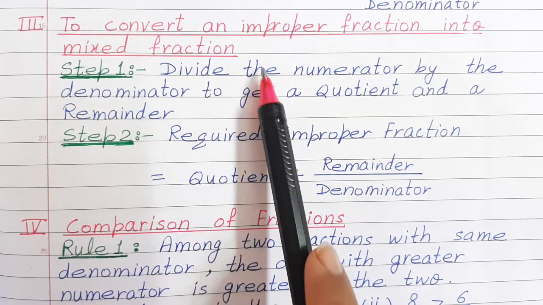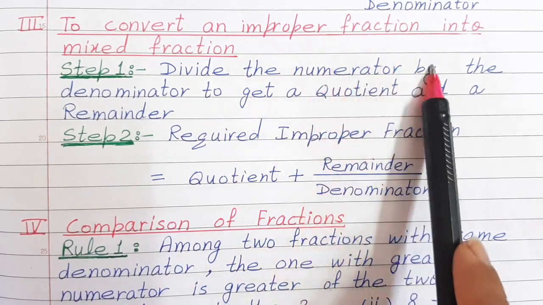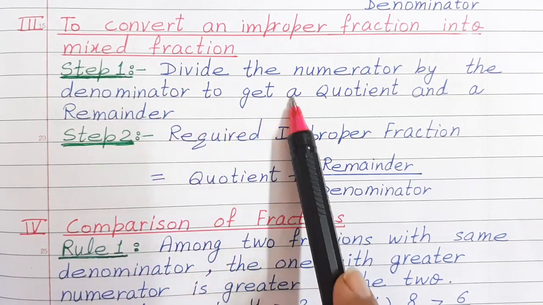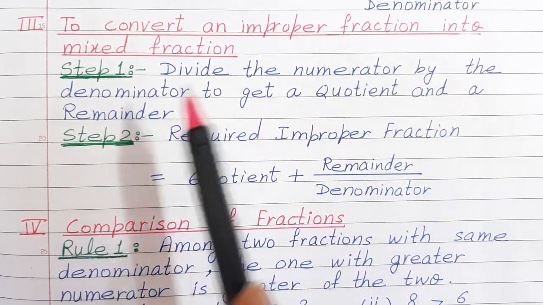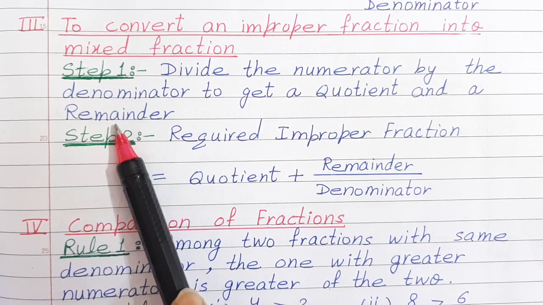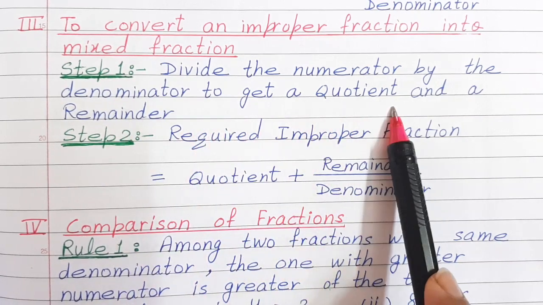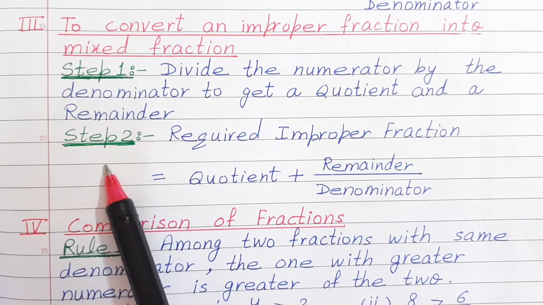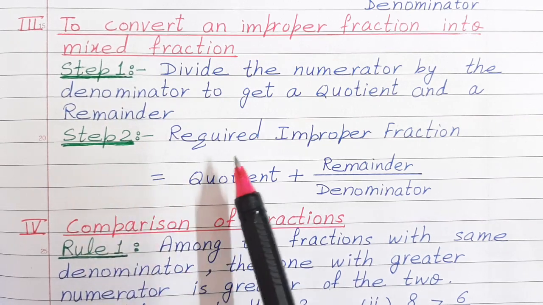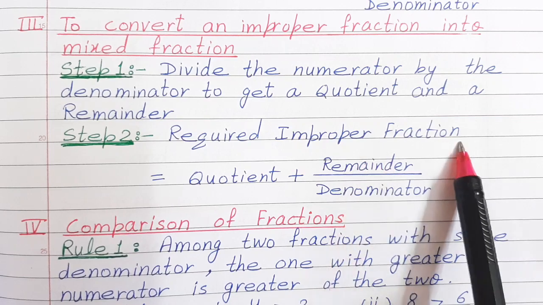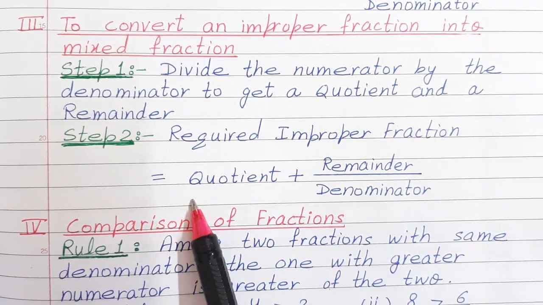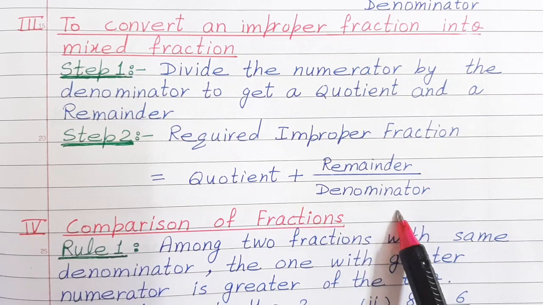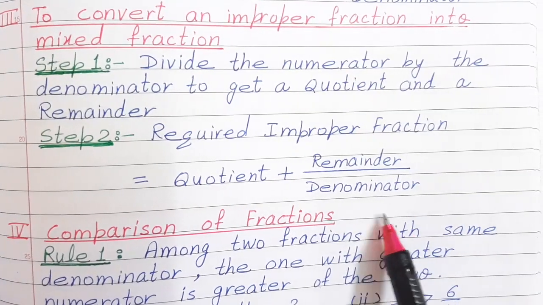To convert an improper fraction into a mixed fraction, step 1 is divide the numerator by the denominator to get a quotient and a remainder. And step 2 is the required mixed fraction is quotient plus remainder upon denominator, right?